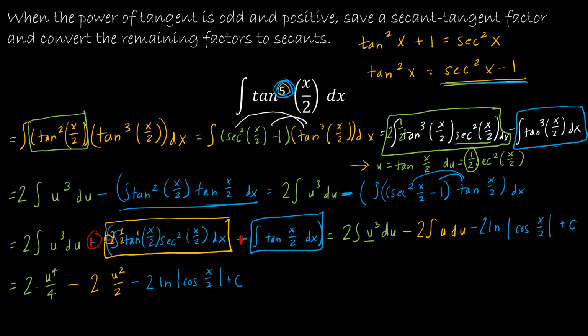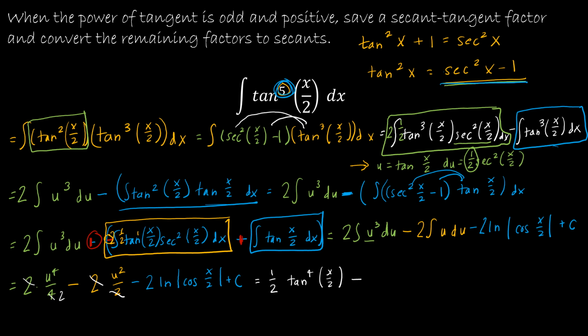And now I just have to do my u substitution. So I have 2 and 4 turns into 1 and 2, so I have 1/2. And then u to the 4th would be tangent to the 4th of x over 2. I have minus 2 and 2, and those cancel out.